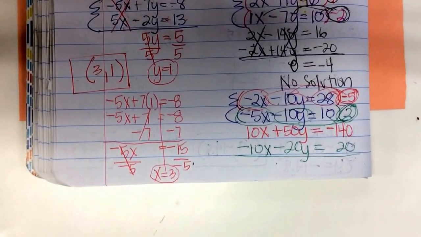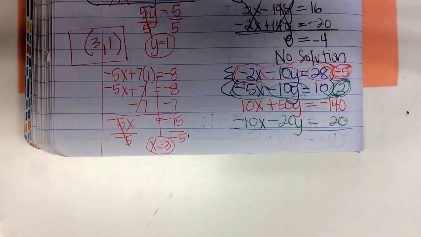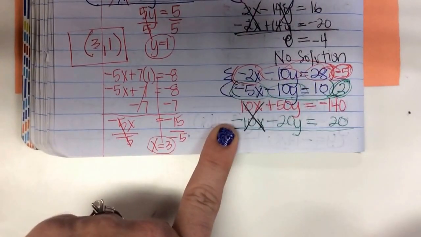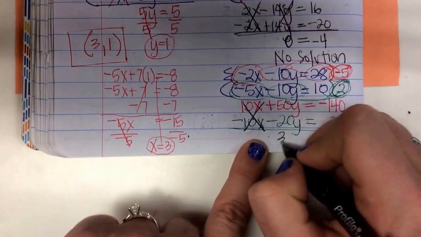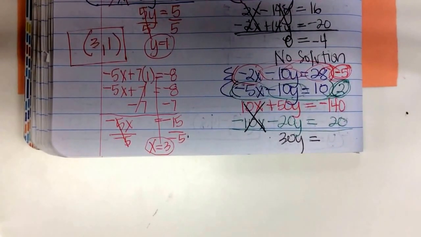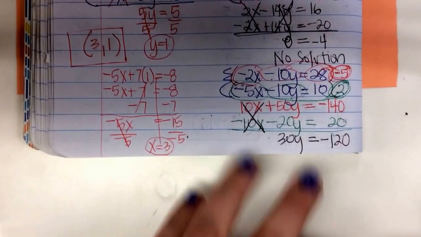Now, does something eliminate? Yeah, 10x minus 10x is 0. 50y minus 20y is 30y, equals negative 140 plus 20, negative 120.